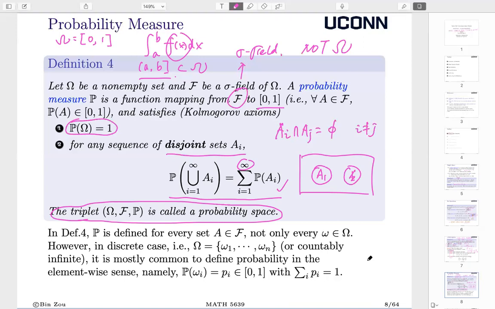So for us, especially for the discrete case, it is really enough to simply define probability for each element or each scenario. All we need is to make sure each p_i is between 0 and 1, and when you sum up, you get 1. That's all you need. So this condition is the same as property 1, okay?